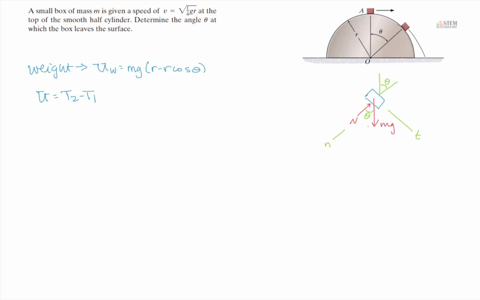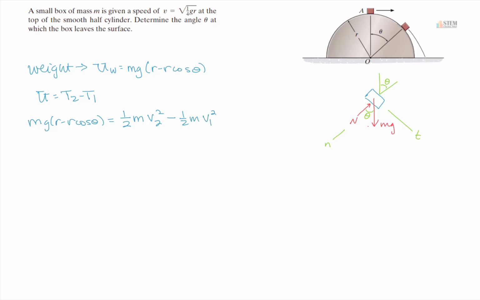So now we're going to take our work equation, put it on the left, and then do the kinetic energy part. So we have mg times (r minus r cosine theta) equal to 1/2 m times v2 squared, minus 1/2 m times v1 squared.